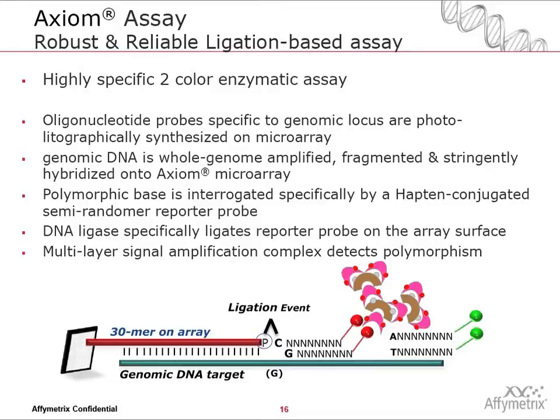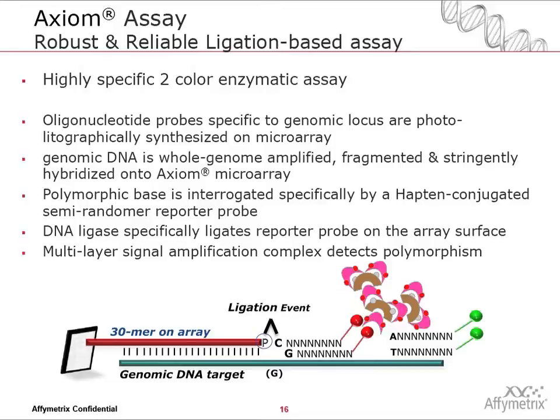So we use a ligation-based assay. What that means is the polymorphic base is interrogated by random 9-mer probes, and then DNA ligase specifically ligates these reporter probes on the array surface. And then the multi-layer signal amplification detects the polymorphism that is being interrogated.